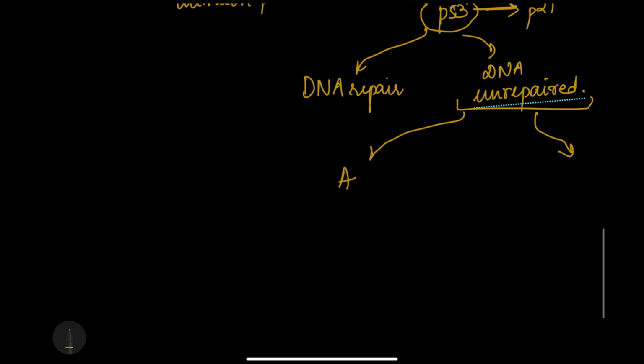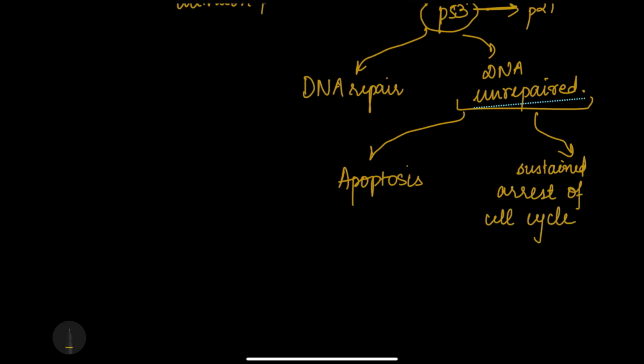Either it can lead to apoptosis, or it can lead to the sustained arrest of the cell cycle at the G1 and G2 phases. It can also get arrested at the G2 phase, right?